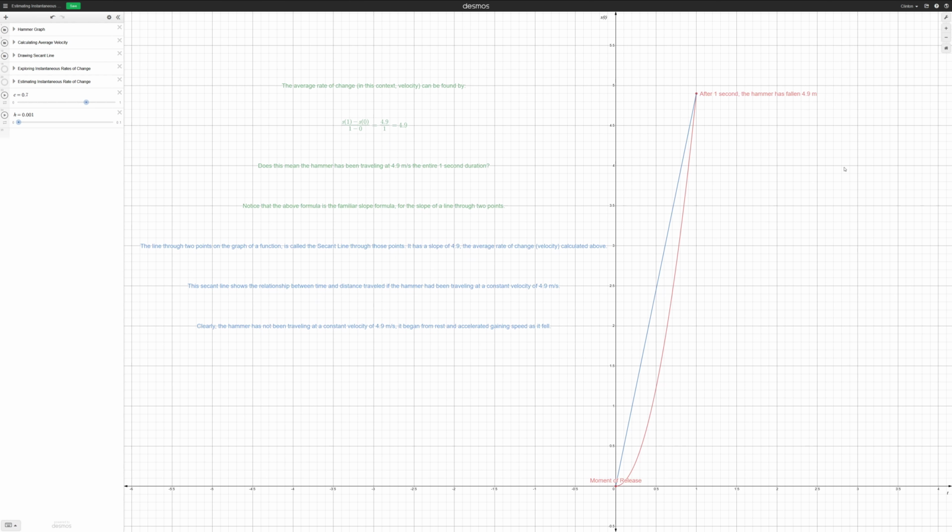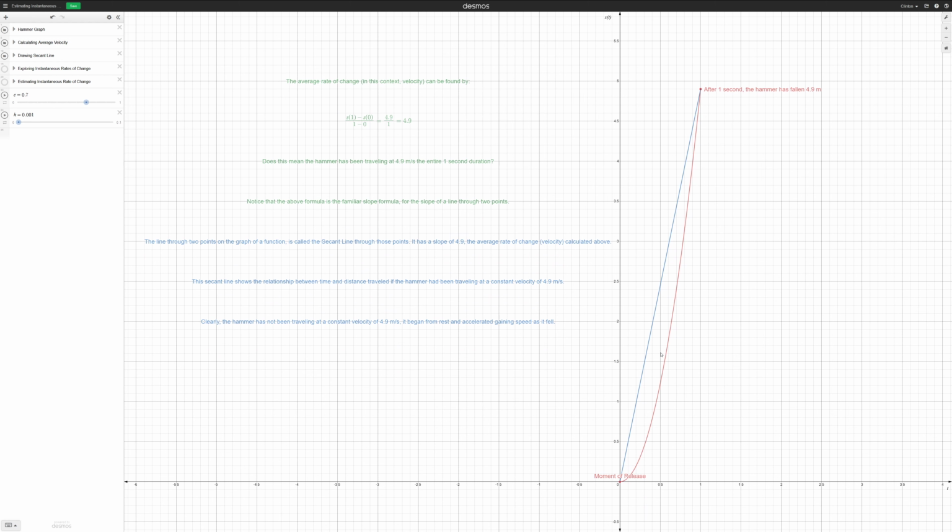Whenever you take 2 points of a graph and you connect them with a straight line, that line's called the secant line through those 2 points. And the slope of the secant line is the average rate of change of that function. Not of the line, but of the curve, of the function, of the graph where you selected the 2 points.